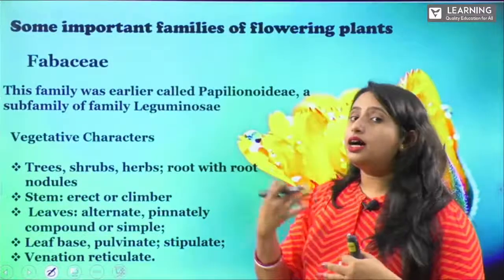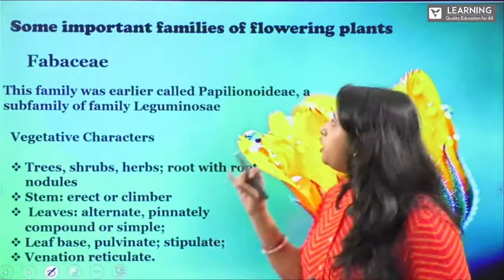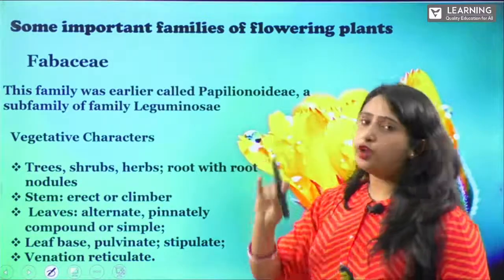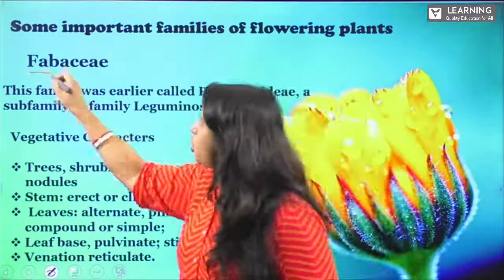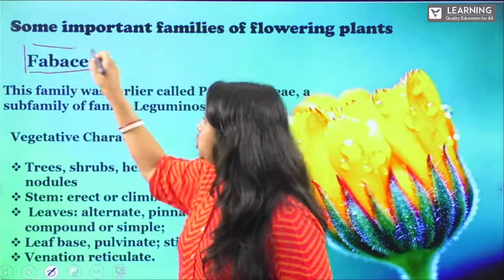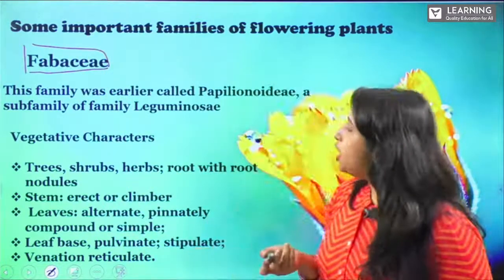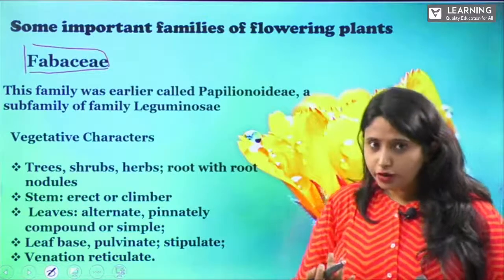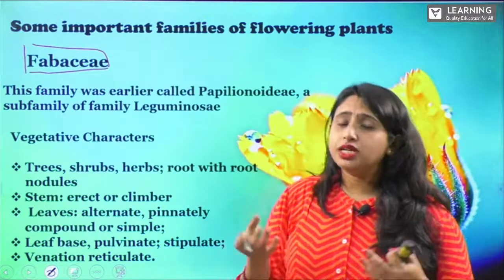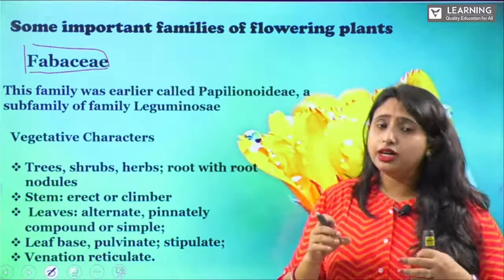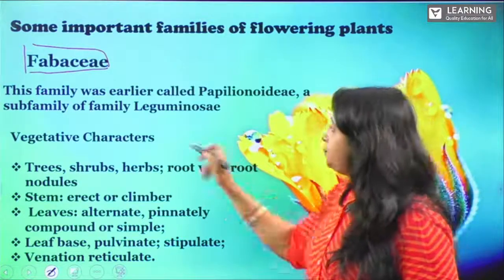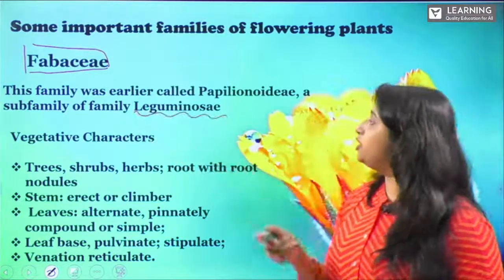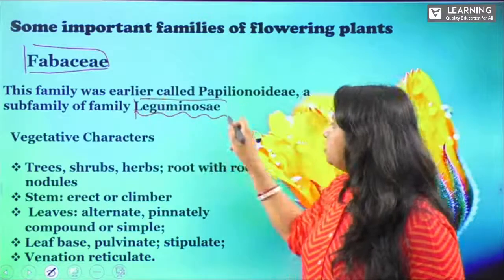Next, let us learn about some of the important families of the flowering plants. In the Fabaceae family of the flowering plants, what will come? It was a subfamily of Leguminosae.